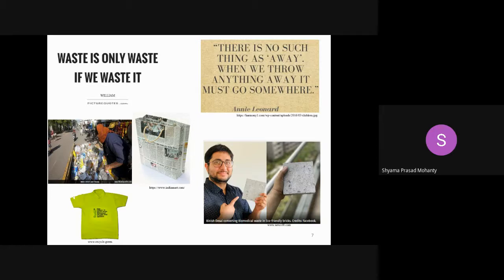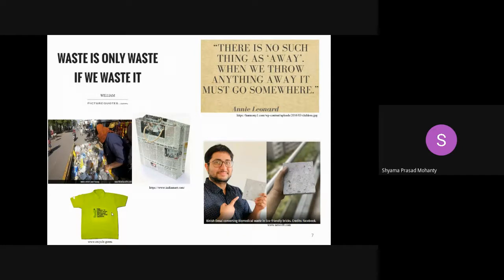Most of us have experienced carry bags made of waste paper. Nowadays, discarded PET plastic bottles are made into fabrics, and you can have T-shirts prepared from these waste bottles.